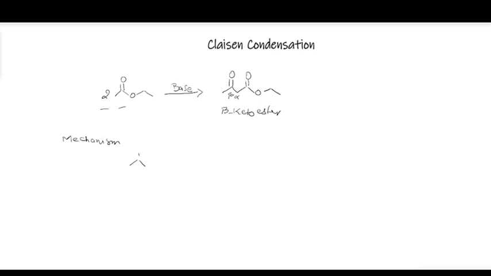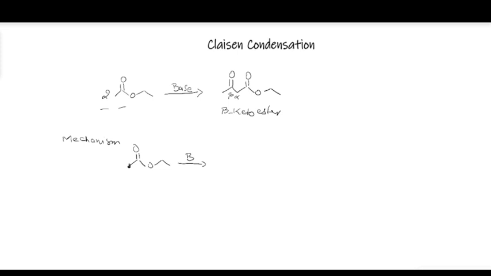So we have this ester molecule and we're going to treat it with a base. You already know that the property of a base is to abstract any acidic proton, and this ester is enolizable, which means we have acidic protons, or alpha protons, present in this ester molecule.